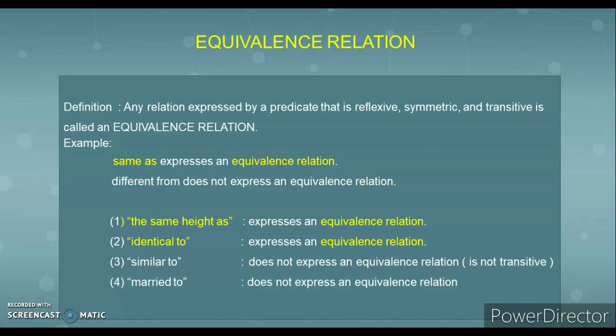Now we come to the equivalence relation. Definition: any relation expressed by a predicate that is reflexive, symmetric, and transitive is called an equivalence relation. Example: "same as" expresses an equivalence relation. "Different from" does not express an equivalence relation.